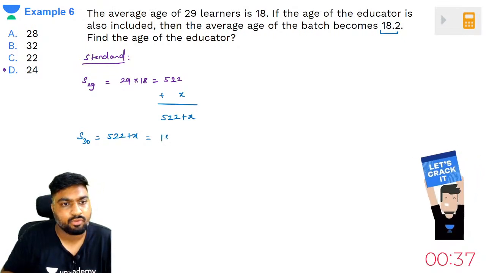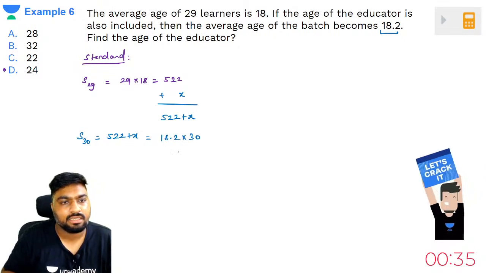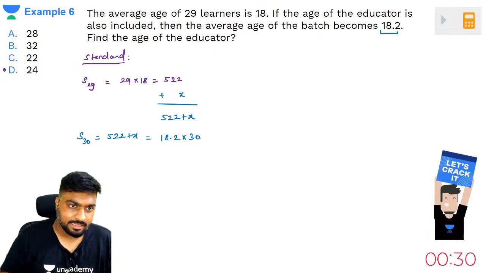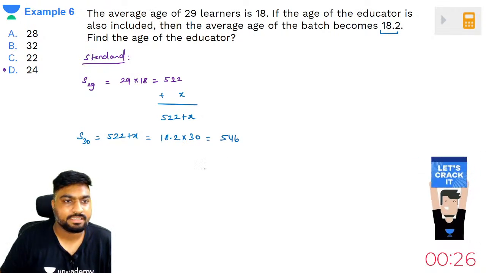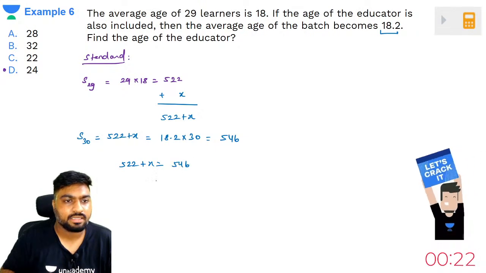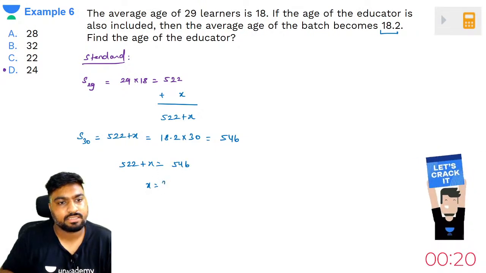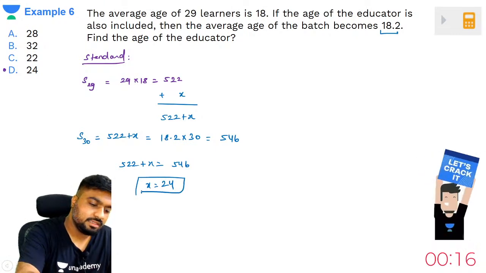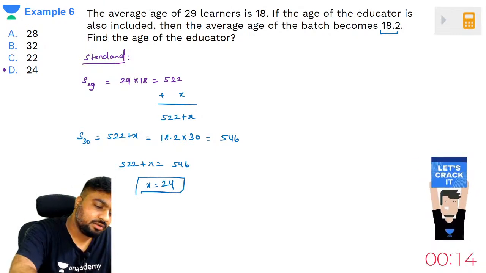Average 18.2 into 30 people. Say yes if you have understood this. This is how much? 546. So if 522 plus X is 546, then X is what? 546 minus 522, 24. Yeah, standard method, nothing doing.